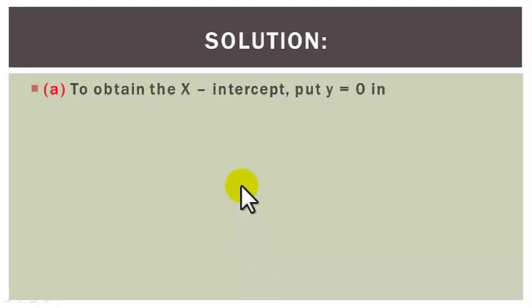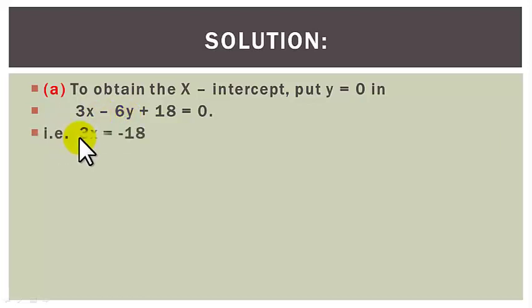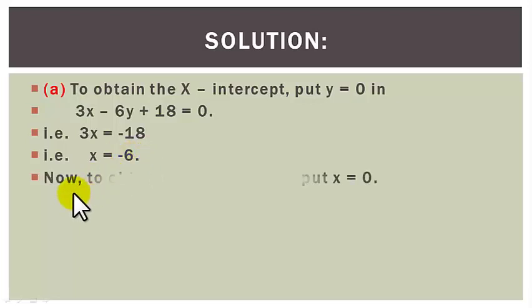To obtain the x-intercept, we put y equals 0 in the given equation 3x minus 6y plus 18 equal to 0. So if you put y equal to 0 here, we will obtain 3x equals minus 18. Then dividing both sides by 3, that will give us x equal to minus 6. So x-intercept is minus 6. Now to obtain the y-intercept, we put x equal to 0.